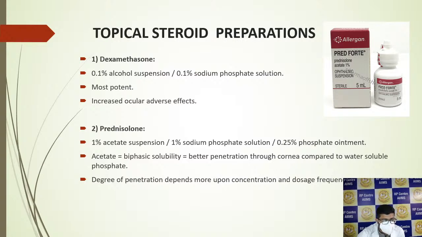As we know, the cornea has a stroma which is hydrophilic, whereas the epithelium and the endothelium are lipophilic. Hence you need a biphasic soluble drug in order to penetrate the cornea. Whereas the phosphate form is only water soluble, therefore the penetration is not as effective as acetate suspension.